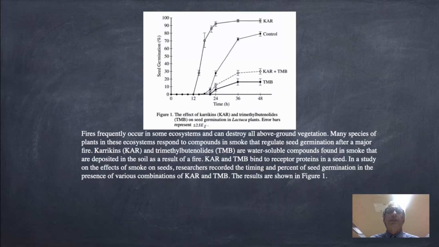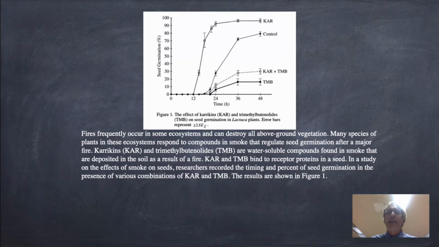So the stem of this information reads as follows. Fires frequently occur in some ecosystems and can destroy all above ground vegetation. Many species of plants in these ecosystems respond to compounds in smoke that regulate seed germination after a major fire. Karrikins, KAR, and trimethylbutenolides, TMB, are water-soluble compounds found in smoke that are deposited in the soil as a result of a fire.